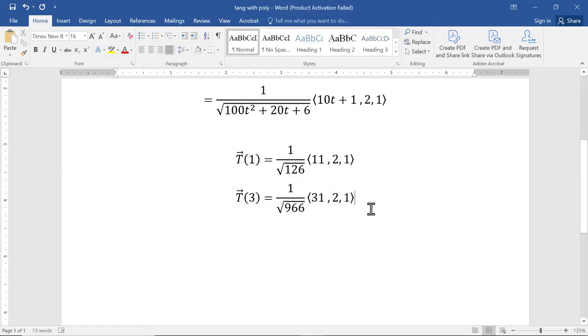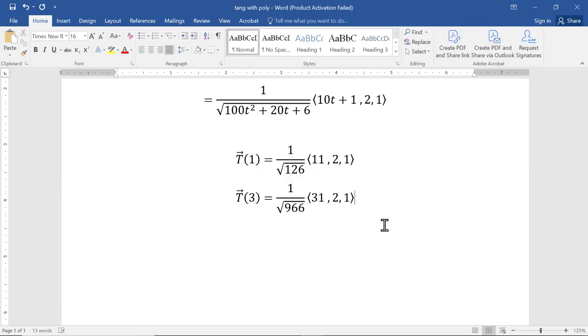And you can double check and make sure that 31, 1 has magnitude of square root of 966. Therefore, if we multiply by 1 over square root of 966, then we have a unit vector.